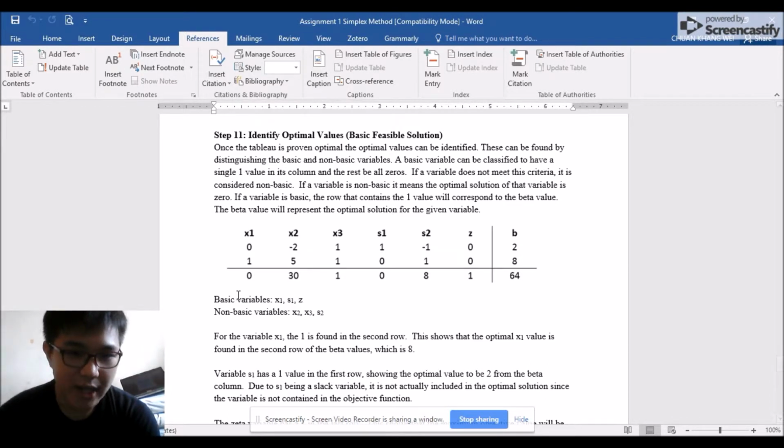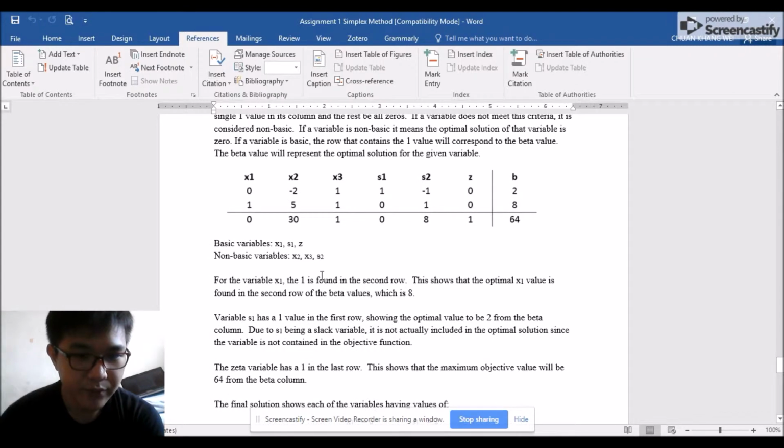After that, we need to identify the basic feasible solution. We know that the basic variables are x1, s1, and z because there's only one coefficient in the row. And the non-basic variables are x2, x3, and s2.